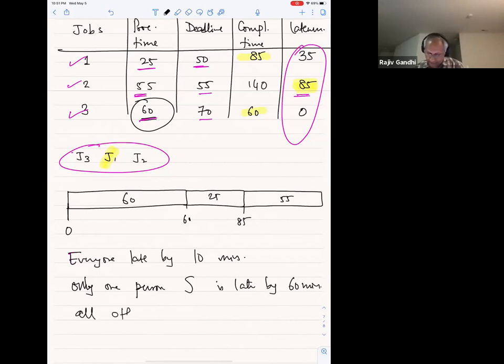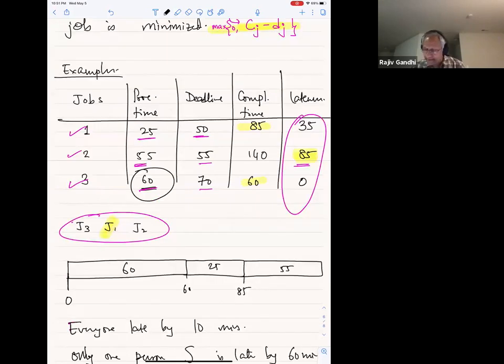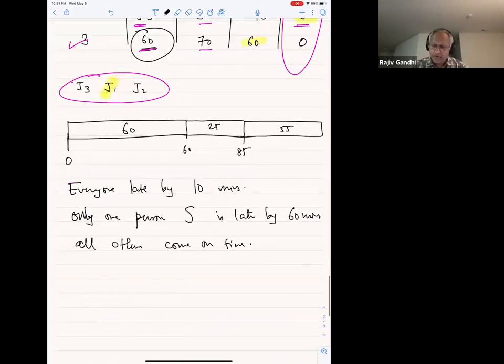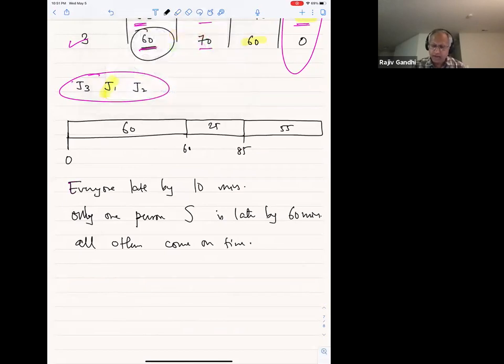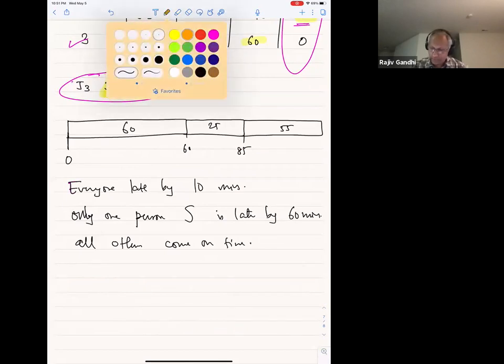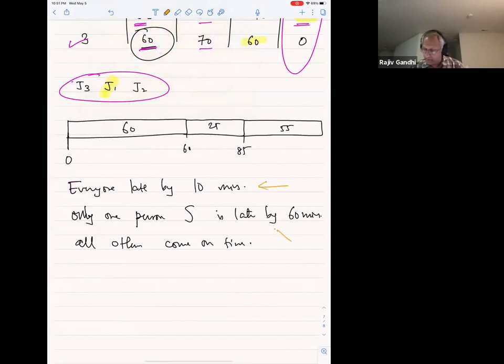All others come on time. Which one is a better scenario if you want to minimize the maximum lateness? Which one is a better scenario for Rajiv to start as early as possible? This one or this one?